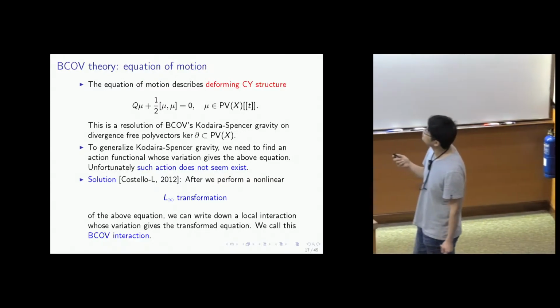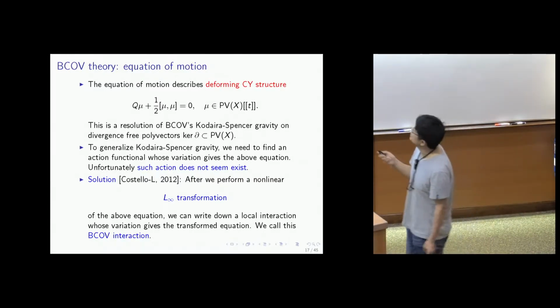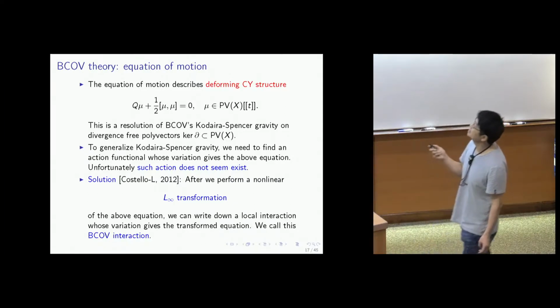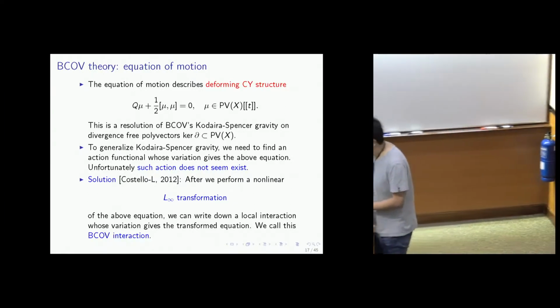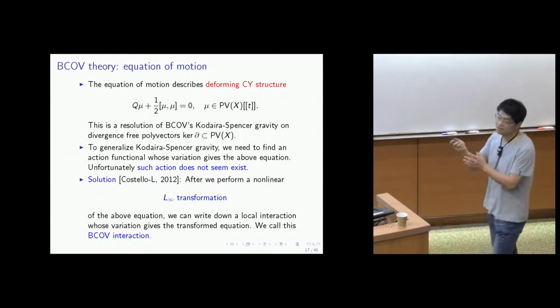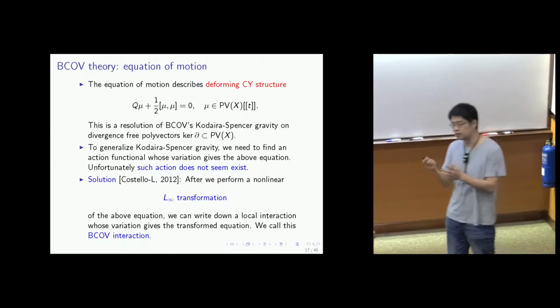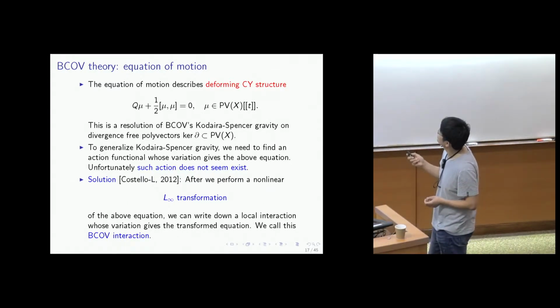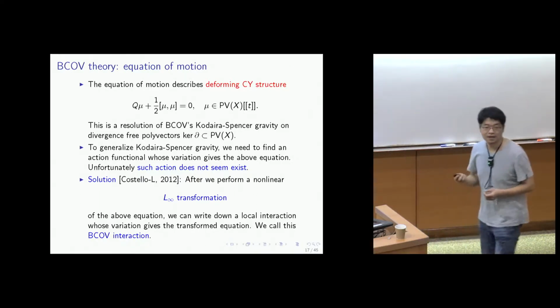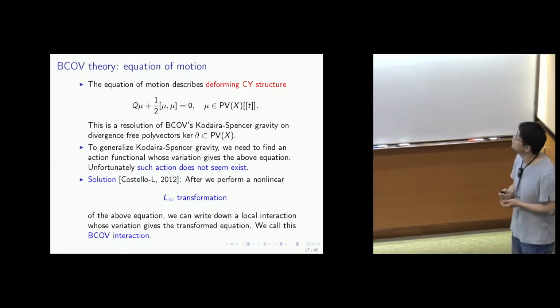And now the problem is we want to write down this Kodaira-Spencer gravity for this particular topological string field. Now we want to write down some action functional that can help us to do quantization. And somehow we tried very hard, but it seems we cannot write down a single action with this equation of motion. And this gave a big trouble for a long time.